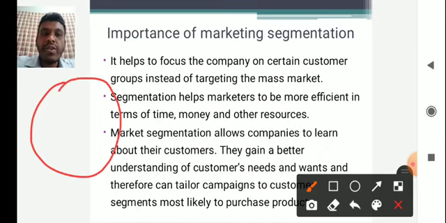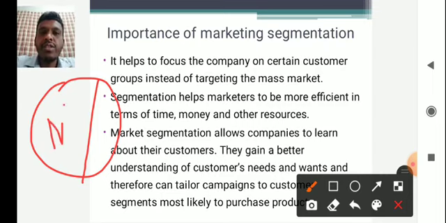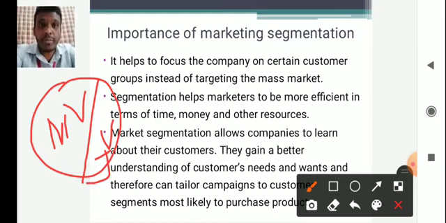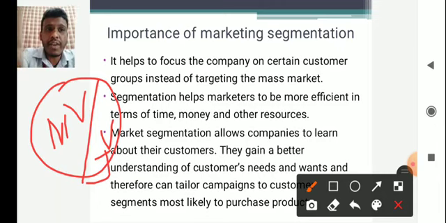So they created this kind of segmentation: normal, which has veg as well as non-veg counters, and vegetarian, which were purely Jain counters. So Jain thalis, Jain burgers, all these kind of things were available.